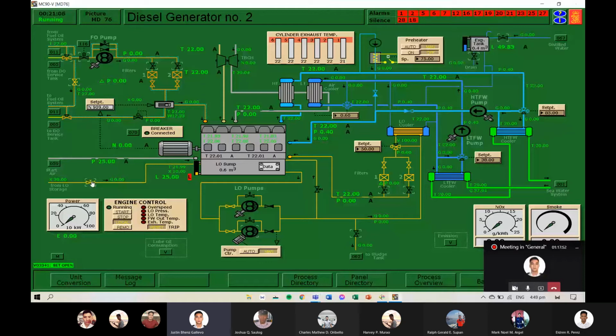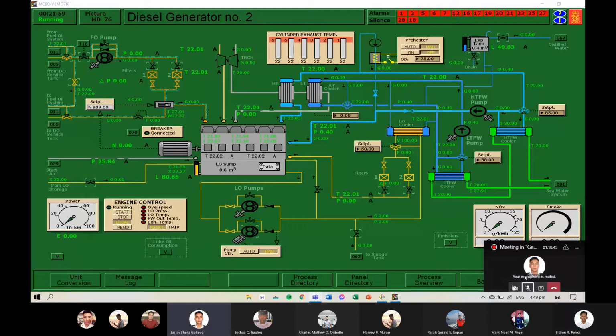The minimum level is 30% and maximum is 80%. Our lube oil sump tank level is already at 80%.